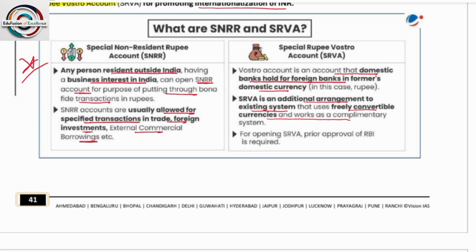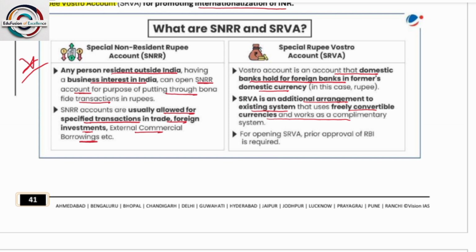See, for example, say USA and India are doing trade among themselves. Now when a person from USA receives money from an Indian customer, the Indian customer will pay the import fees in Indian rupees. Yes, the American bank will accept that rupee.